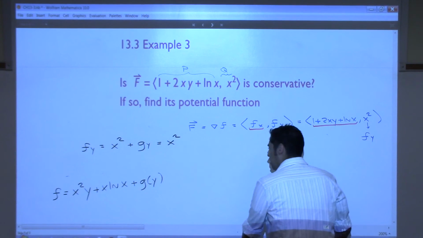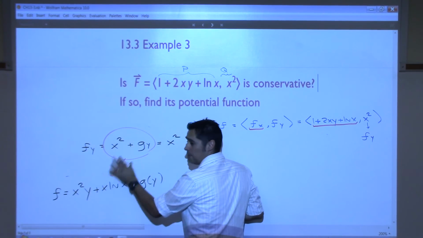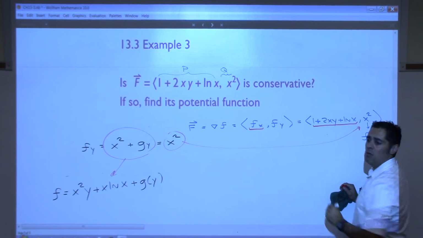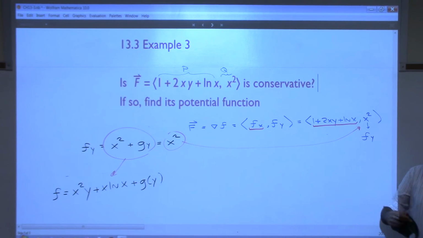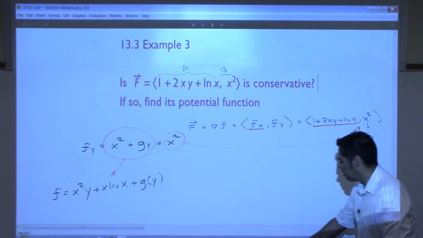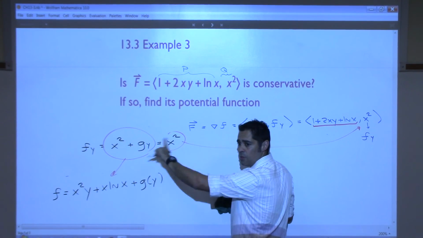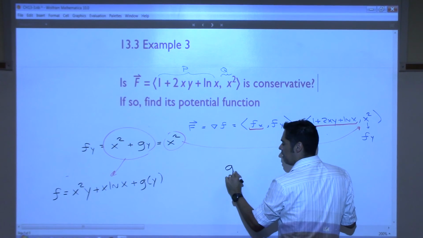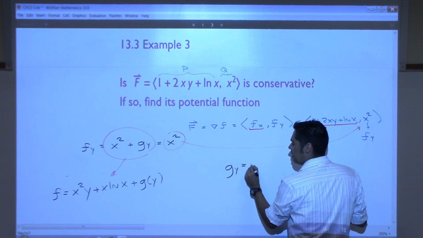So I'm hoping that you're seeing that this piece right here came from what we've developed about f, and this piece right here comes from what we know we have to have. So we set them equal to each other. And if you look at this just as an equation, you can subtract x squared on both sides, and you would get what? The derivative of g with respect to y must be 0.